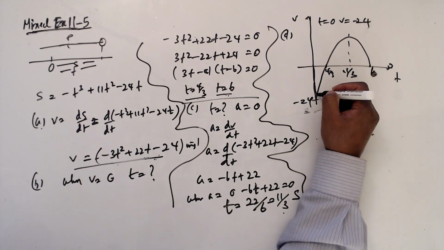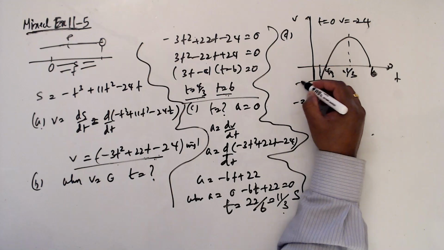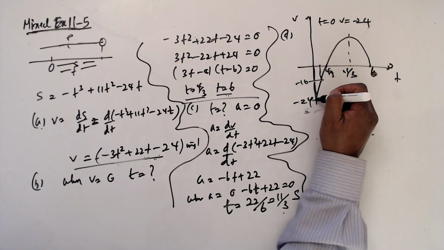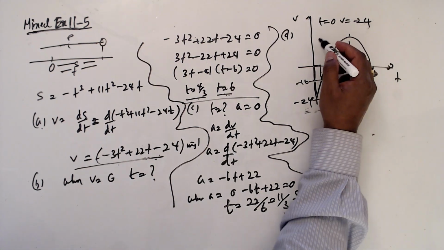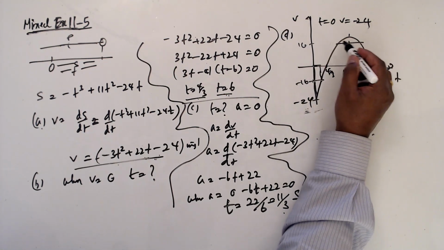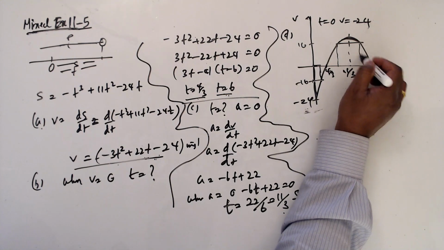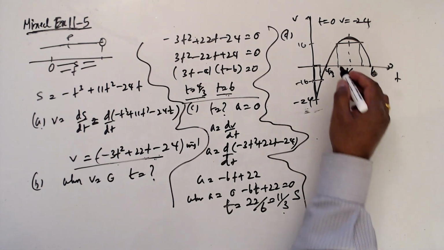So this is up to here somewhere, up to minus 16. So in here also greater than 16 in this time, from here to here. Also somewhere here positive 16, so from here to here the velocity is more than 16.